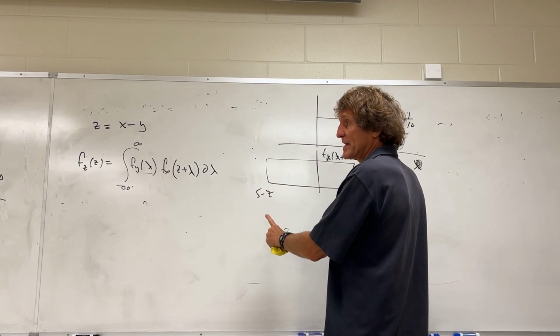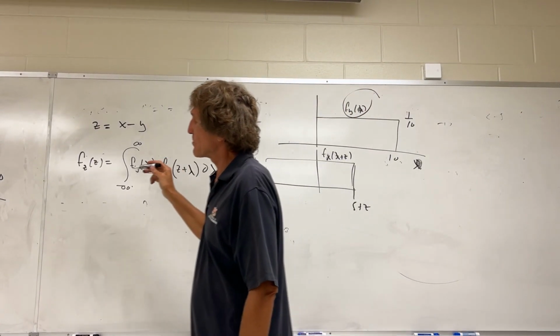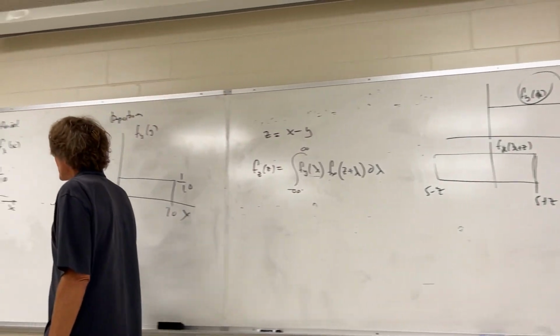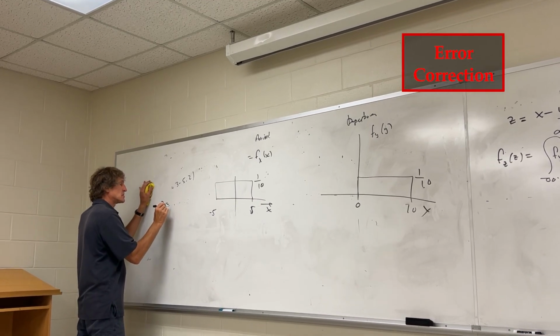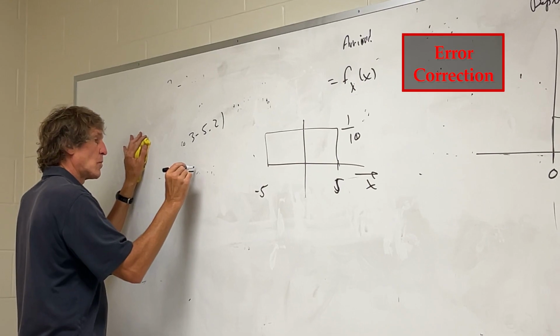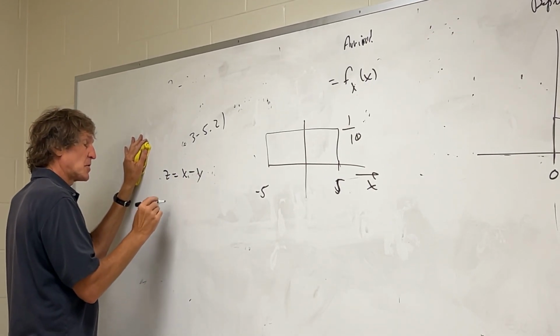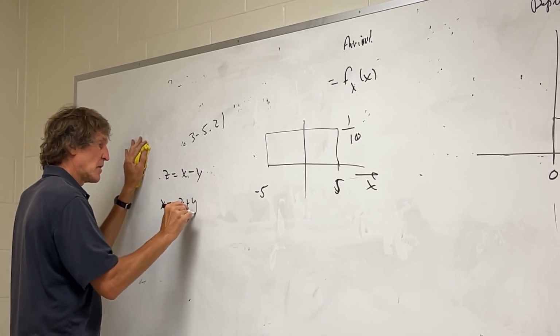Now, yeah, the whole idea is for this, I know what the limit is. The problem is when you look at this, here's the problem. Z is equal to x minus y, right? So I calculated x was equal to z plus y.